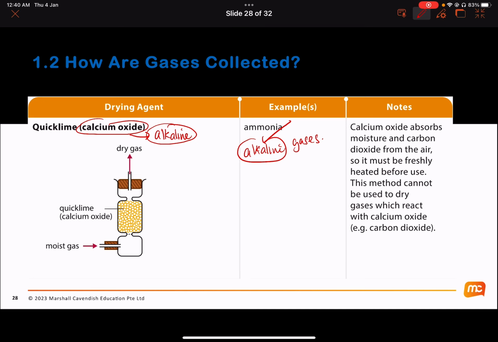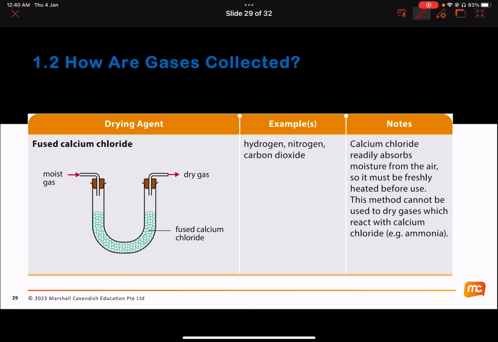Okay, the third drying agent is called calcium chloride. Now calcium chloride is actually ranging from slightly acidic to neutral. So I would prefer you to just remember it will tend towards neutral. So what is it good for drying?